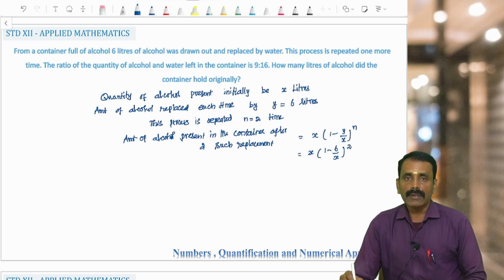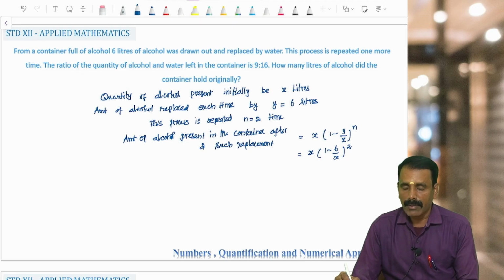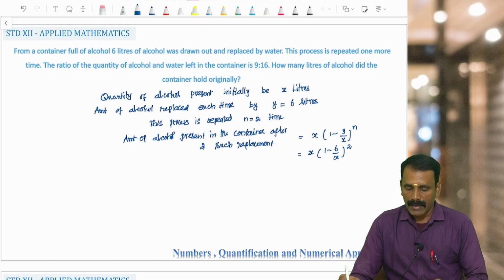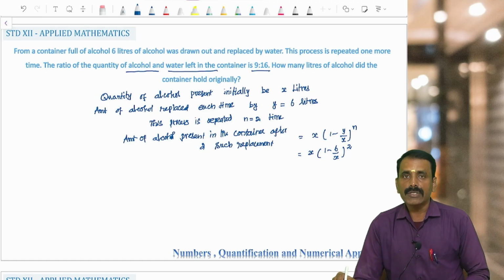So this is the amount of alcohol present in the container after 2 such replacements, x into 1 minus 6 by x whole square. Now they are given the ratio, the quantity of alcohol and water left in the container is 9:16.